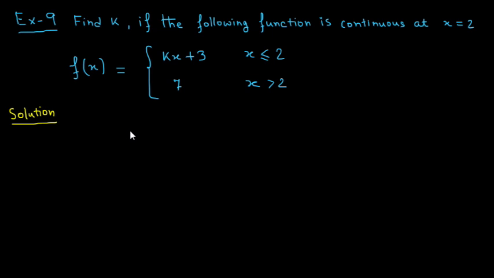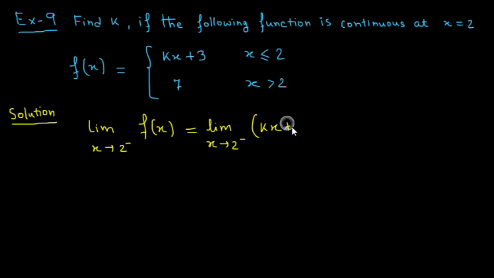So we can write here limit x tends to 2 minus f(x) is equal to limit x tends to 2 minus kx plus 3 is equal to 2k plus 3.